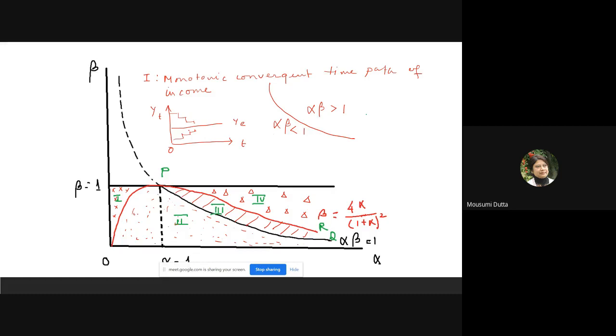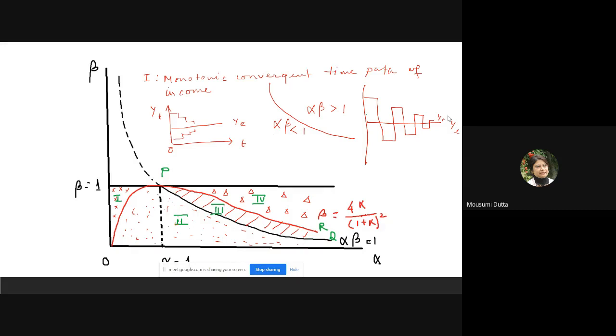Together, the two conditions generate damped oscillatory time path of yt.